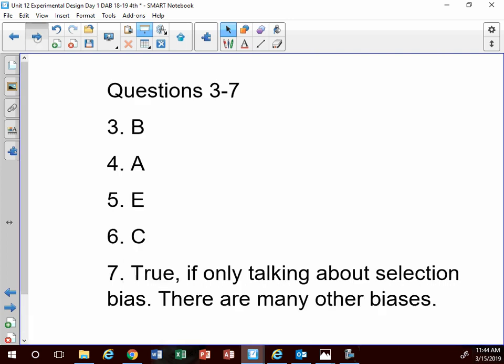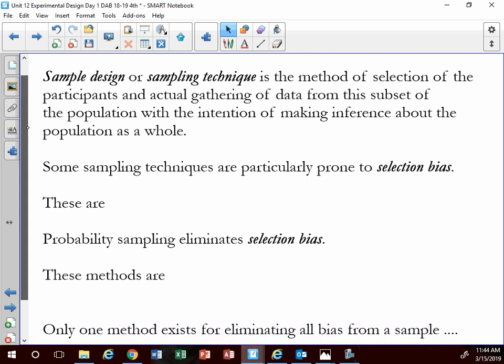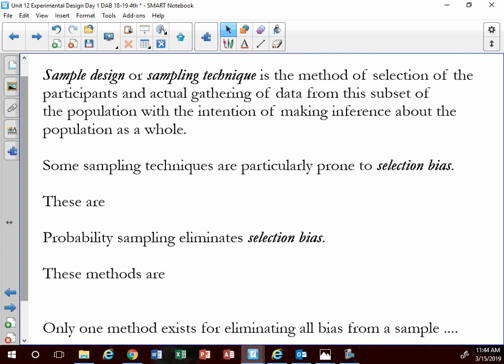All right, guys, let's keep going. Let's look at sample design or sampling technique. That's how you pick your participants. Some of them are very much prone to selection bias.